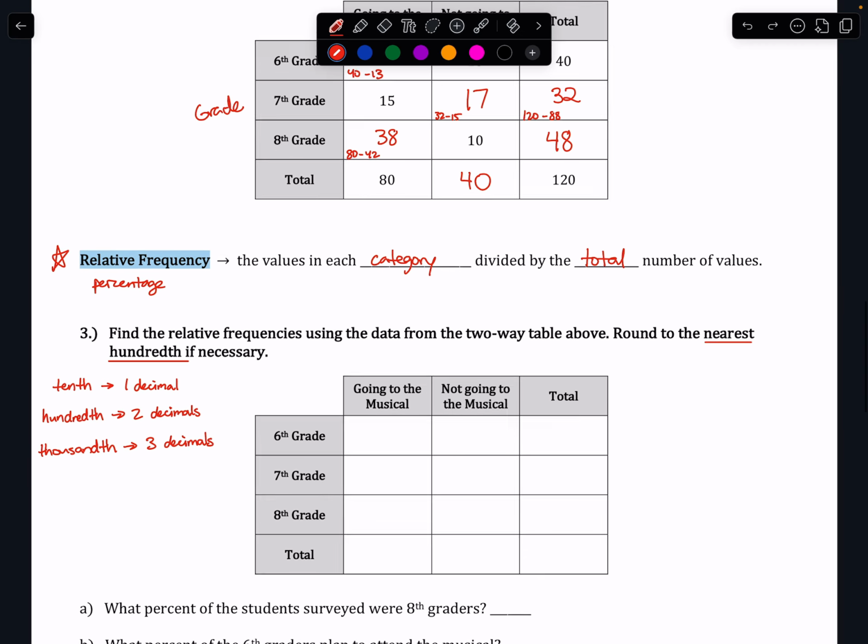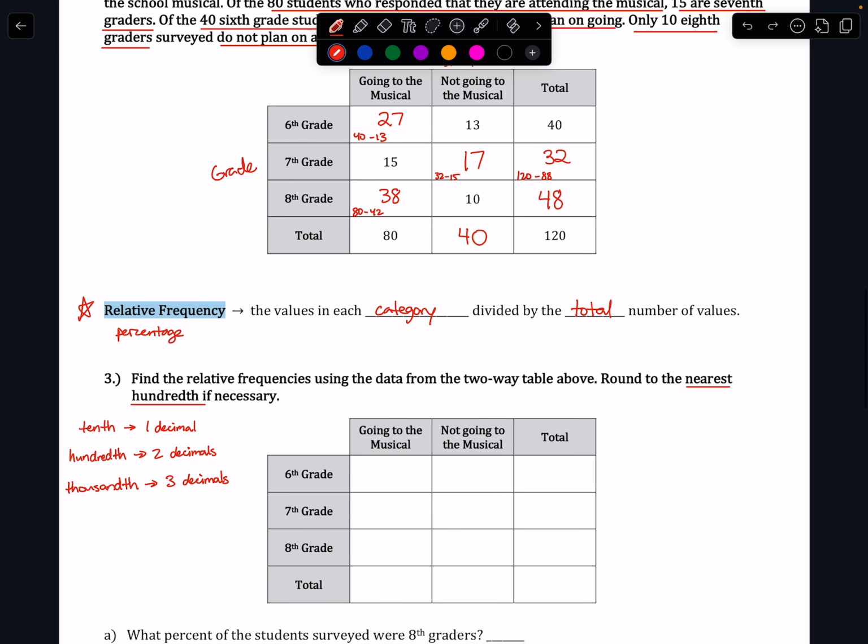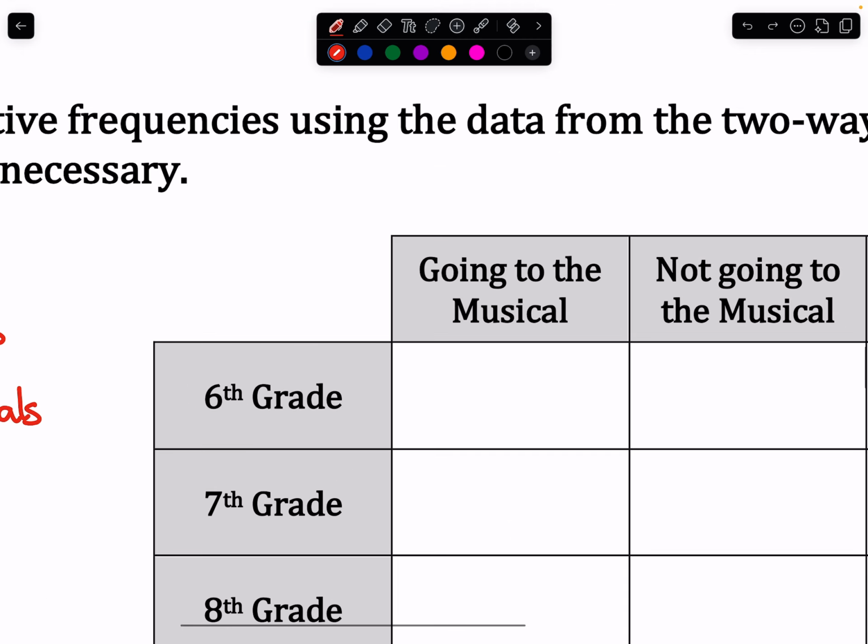So for example here, our relative frequency for the 6th graders that are going to the musical is 27 6th graders. So the frequency was 27, but the relative frequency is 27 out of how many total students did we have?